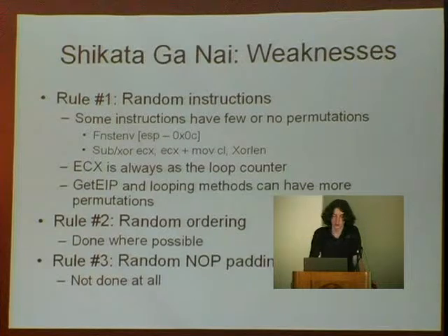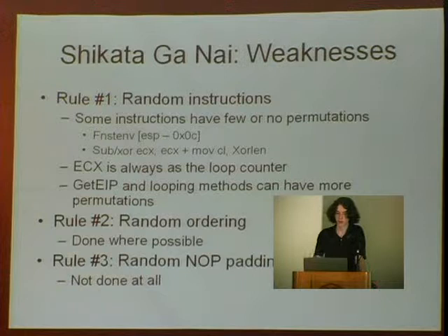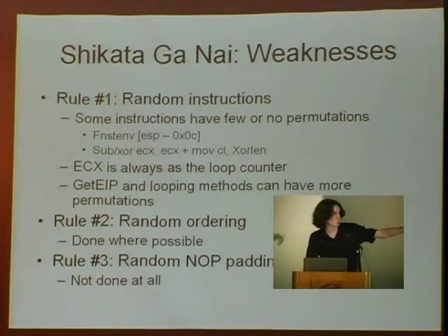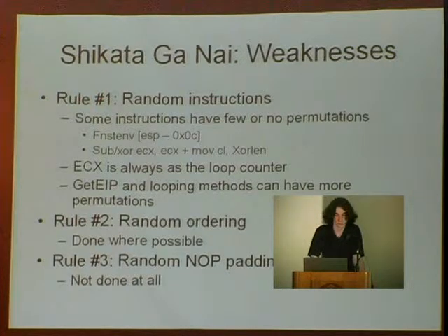The other thing is it always uses sub or XOR ECX to clear the ECX register, and then always uses the same instruction to move something into that register. That instruction chain also has very few possible permutations, which makes it weaker to analysis.